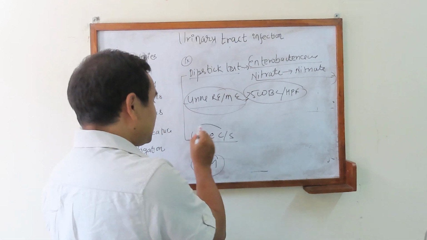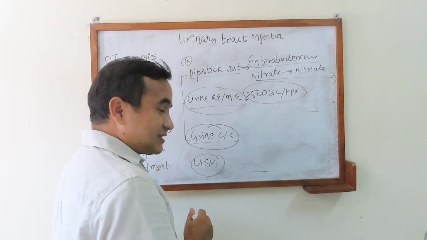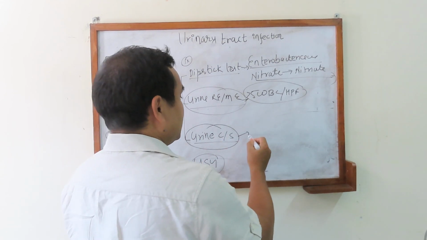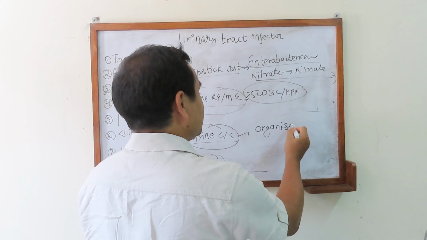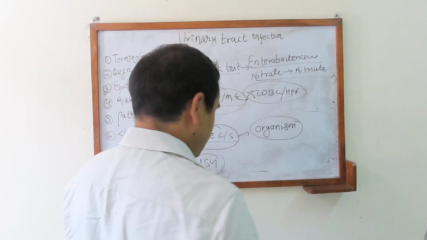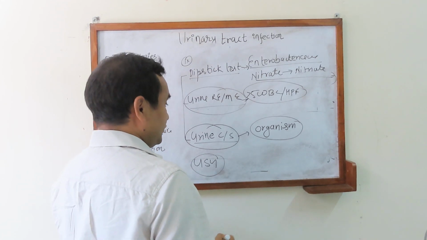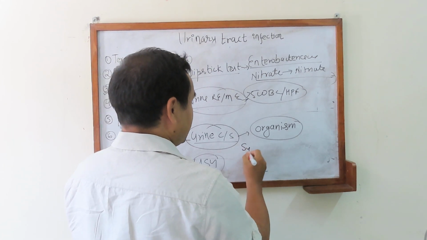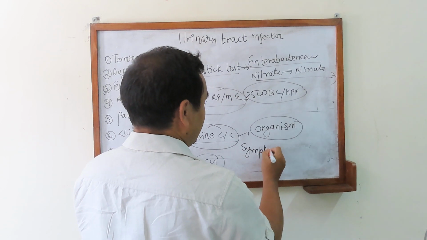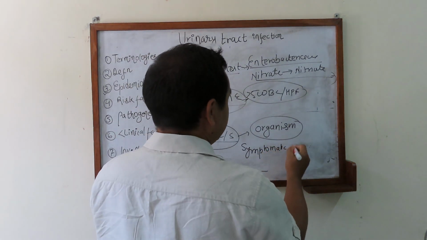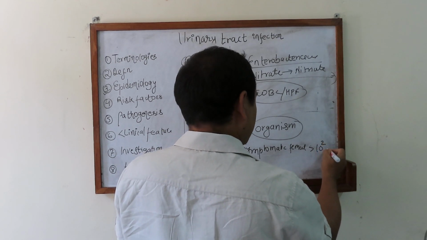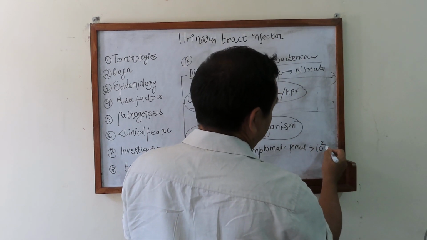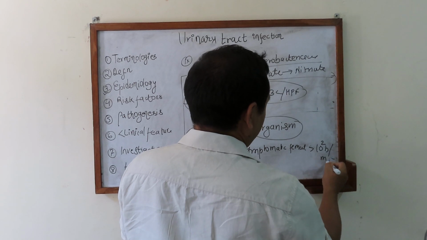But the important test, the gold standard test, is urine culture, because on doing the culture you can grow the organism. If you see the organism, then that's UTI. So in case of a symptomatic female, we take the value 10 to the power 2 bacteria per ml of urine.